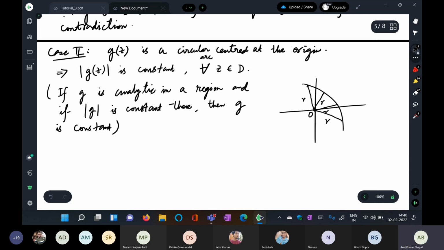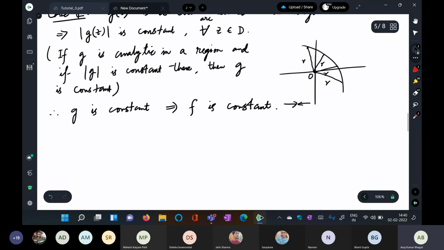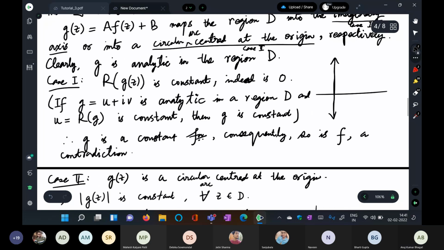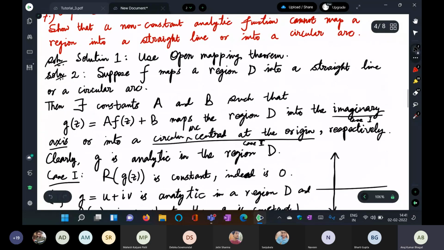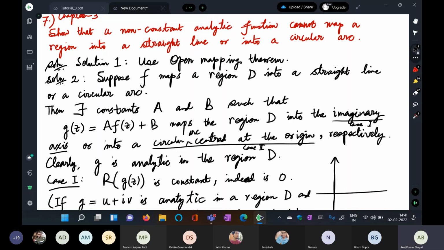Therefore, g is constant, and that implies f is constant, which is a contradiction. So hence we are done with the proof. Our assumption was wrong, because in both the cases I am getting a contradiction. So a non-constant analytic function cannot map a region into a straight line or into a circular arc.